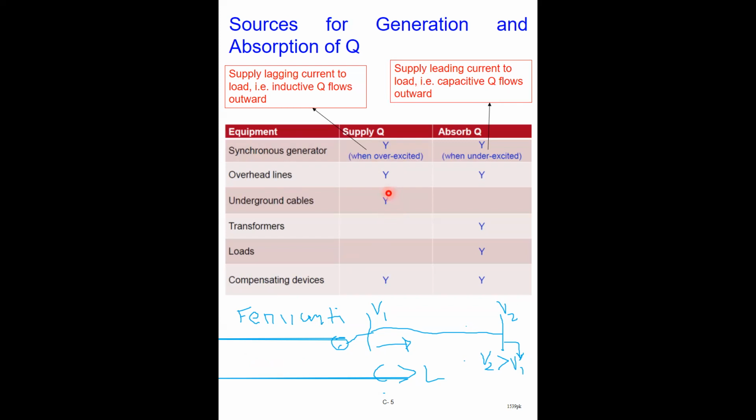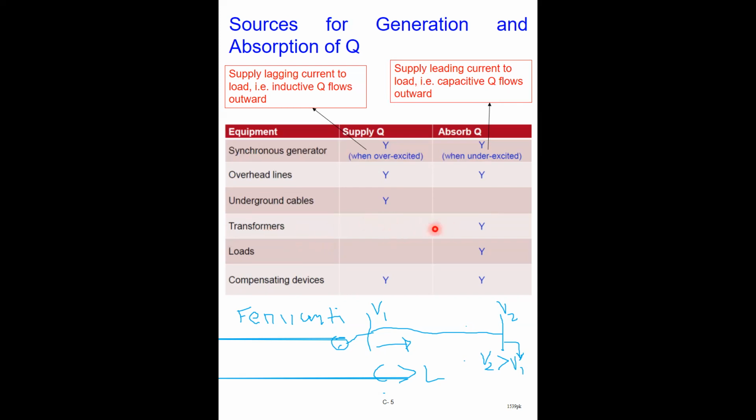And thus the capacitance is much higher. So a cable will always be a source of reactive power, and thus the cable will always supply reactive power. We don't have the situation of absorption of reactive power in the cable.